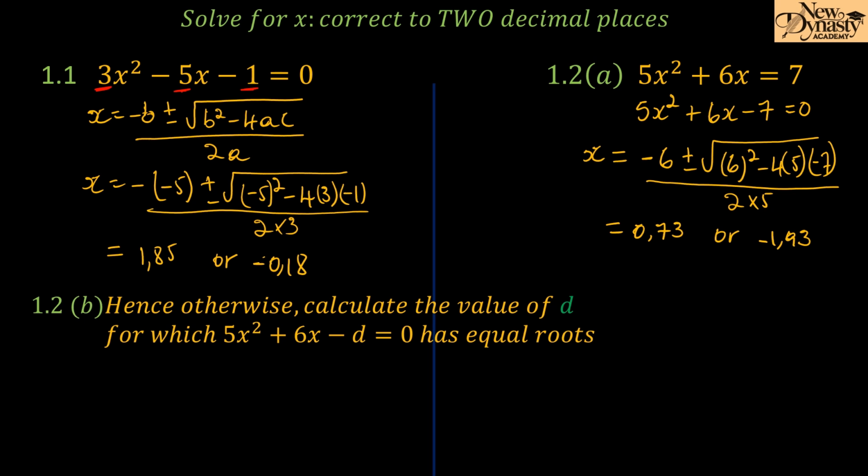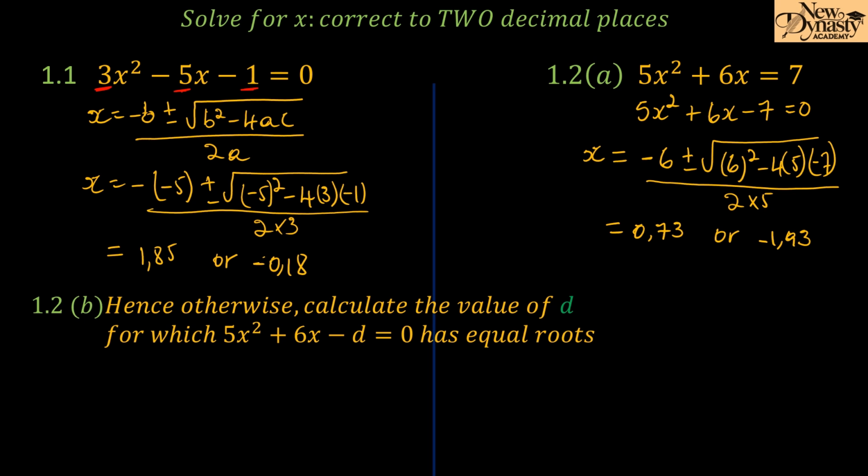But this question continues. It says, hence or otherwise calculate the value of d for which 5x squared plus 6x minus d equals 0 has equal roots. So in this case, remember we also do the nature of roots in grade 11. So here you're going to use the nature of roots.